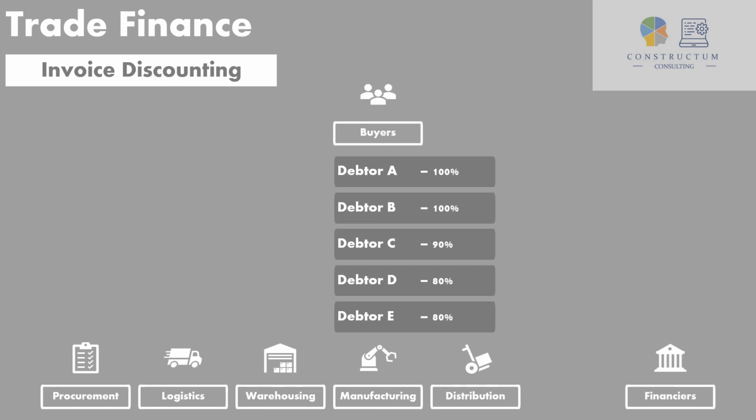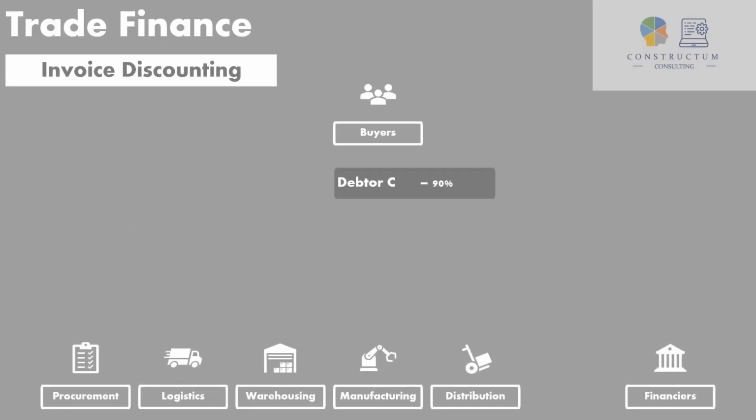When the trading business receives a purchase order from any of these debtors, the financier provides funding equal to the discount rate. For example, the trading business receives a purchase order from debtor C to the value of 1 million rand, and the financier provides capital to the trading business equal to 90%, the applicable discount rate, resulting in funding of 900,000 rand.